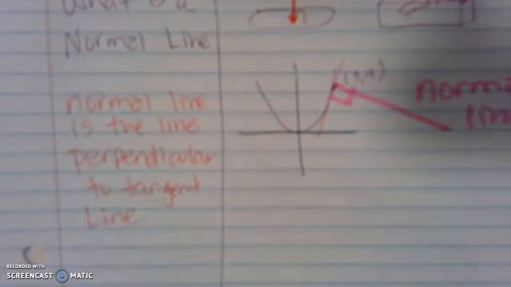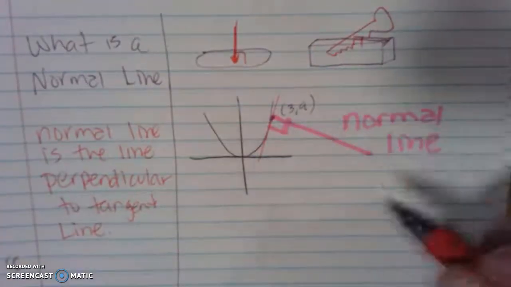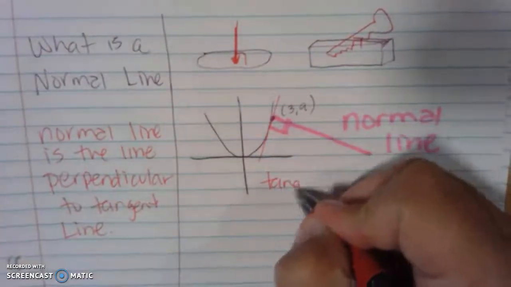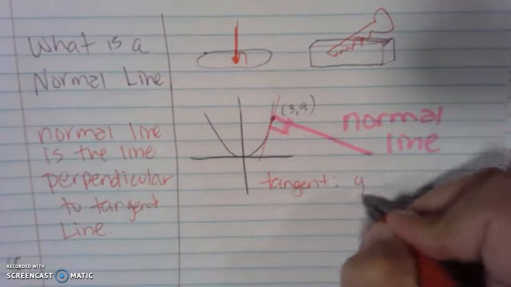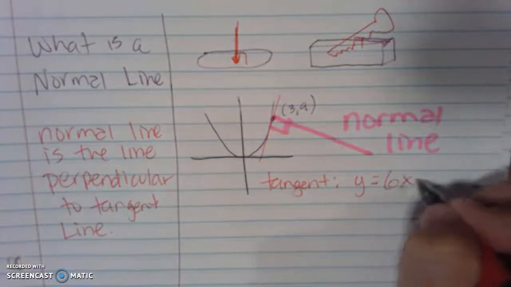In our previous problem, we said that this line right here, my tangent line, had the equation y equals 6x minus 9.